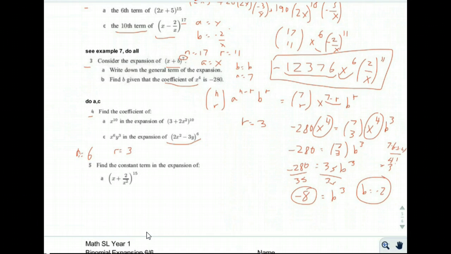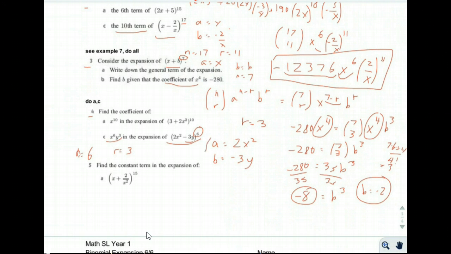Right, because n is equal to 6, we get it from there. r is equal to 3 because the b term will be y cubed. Okay, so we have a equals 2x squared, b equals negative 3y.